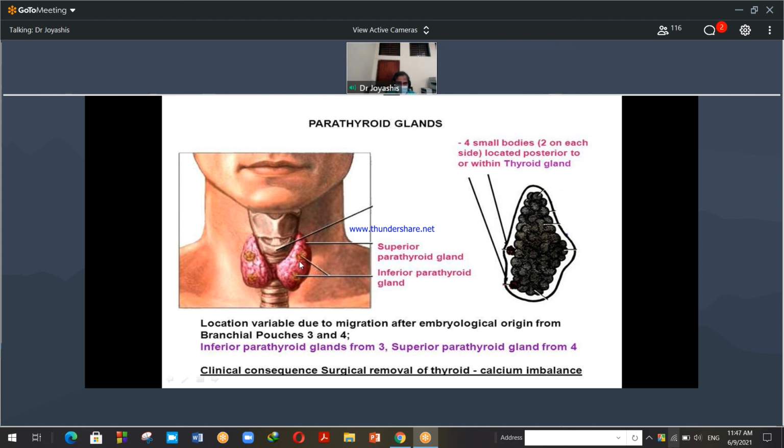Location variable due to migration after embryological origin from pharyngeal pouches 3 and 4. আমরা আগে pharyngeal pouch derivatives করতে গিয়ে দেখেছি যে 3rd and 4th pouch থেকে inferior এবং superior parathyroid glands develop করে.